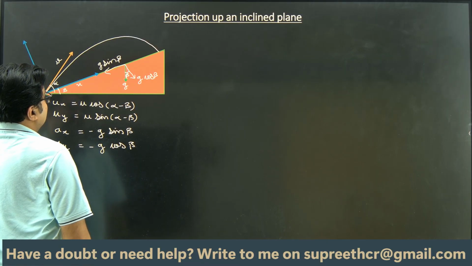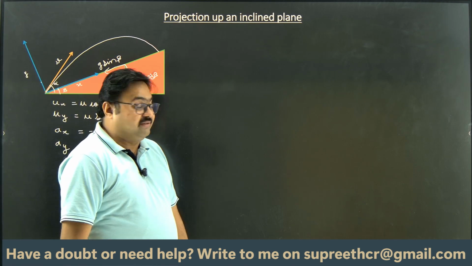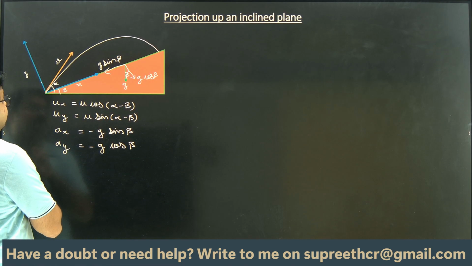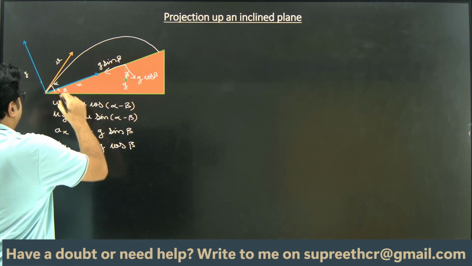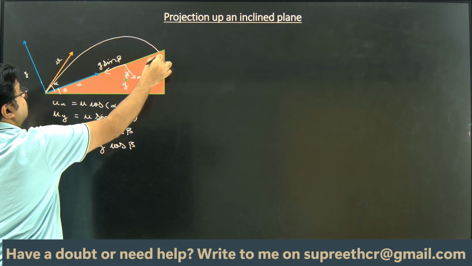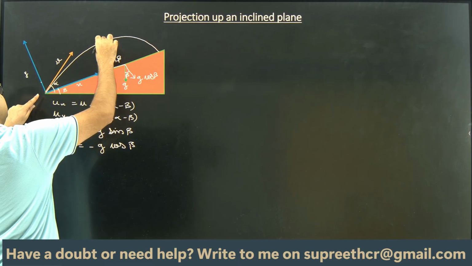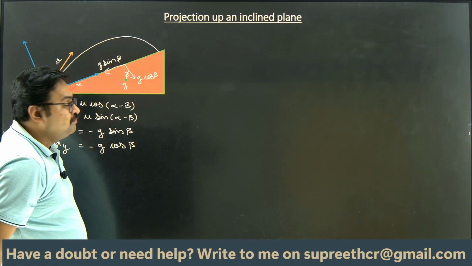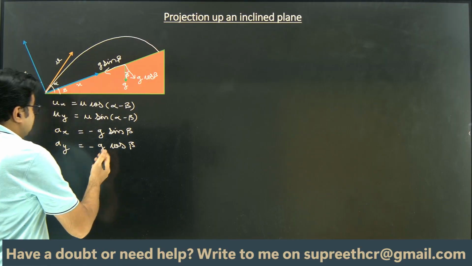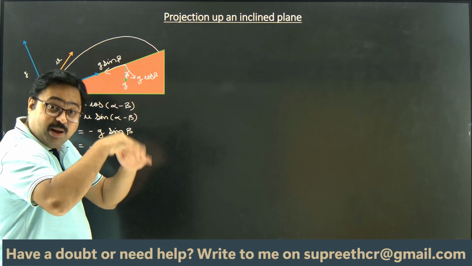Having said that, let us talk about the time of flight to begin with. Now, how do you calculate the time of flight? Time of flight is the time taken for the y coordinate of the projectile to become zero from zero. So the y coordinate increases, increases, increases, becomes maximum, and then it decreases, decreases, decreases, and becomes zero. So that's what's happening. Let us apply the equation s is equal to ut plus half at square along the y-axis.